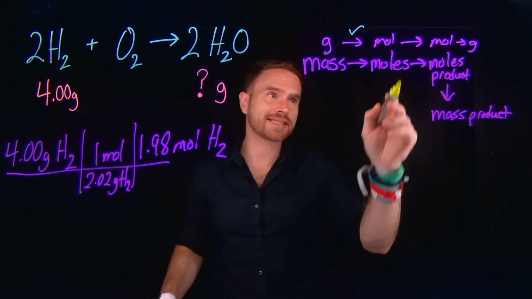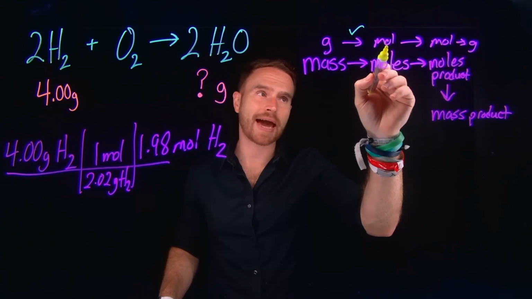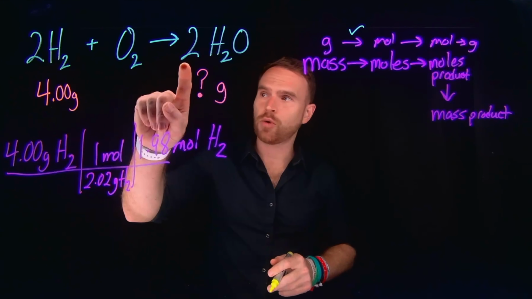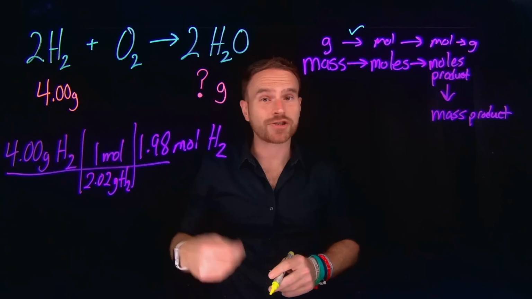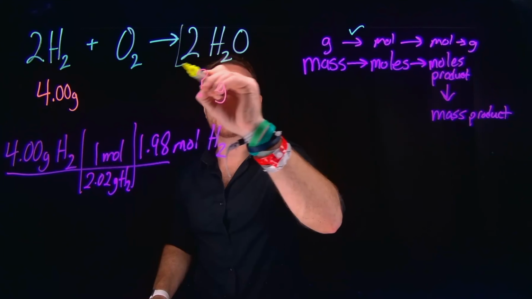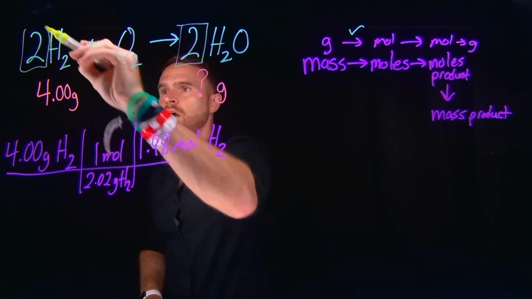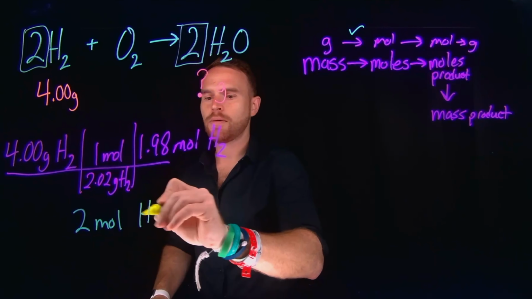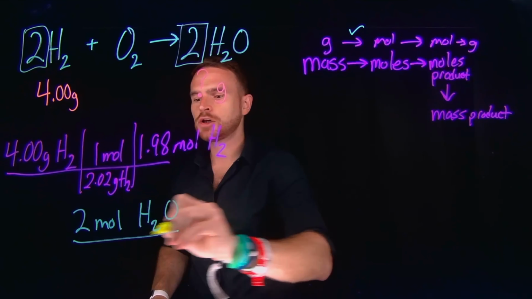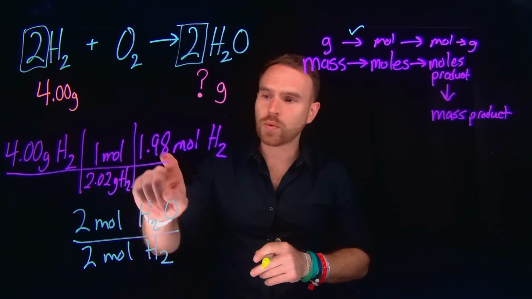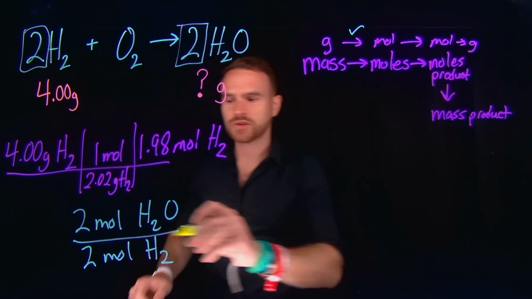Now the next step is that we need to convert from moles of reactant to moles of product. Remember, we're going to use the stoichiometric coefficients in front of each of these as our molar ratio to convert from reactants to products. There is a 2 in front of each of these, which means that there are 2 moles of H2O being produced for every 2 moles of H2. But remember, we have 1.98 moles, so that's where we'll begin.